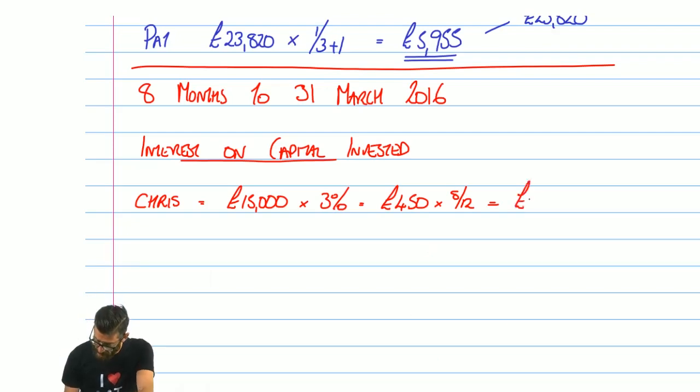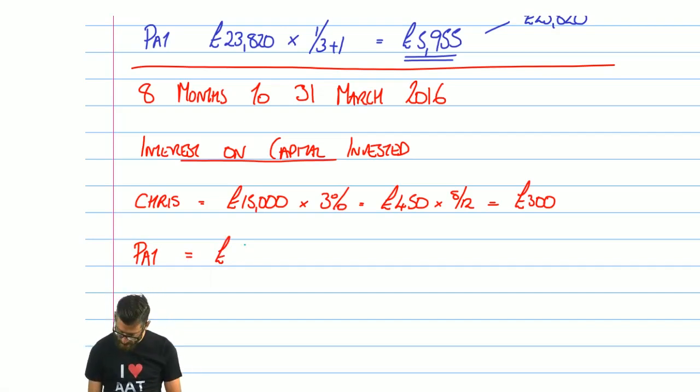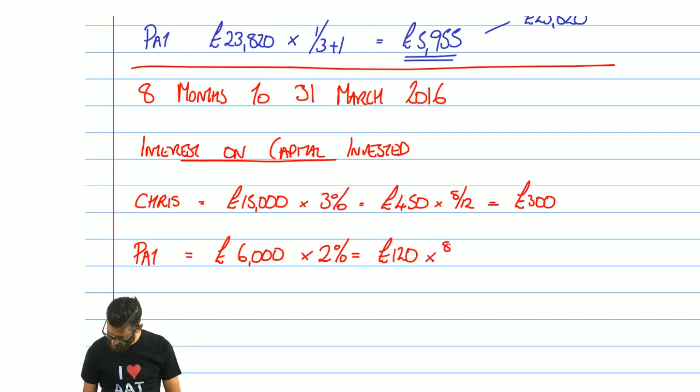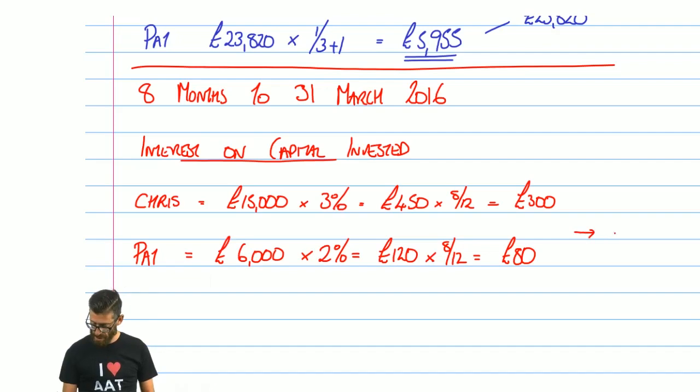That subsequently comes in at 300. Pat invested 6,000 and poor old Pat only gets 2%, which would be £120. And again, we prorata, so Pat has got 80. So the total of the interest is 380.